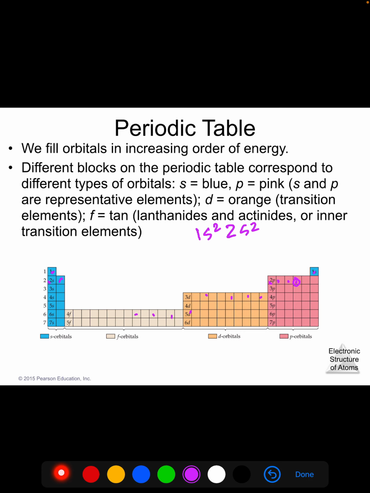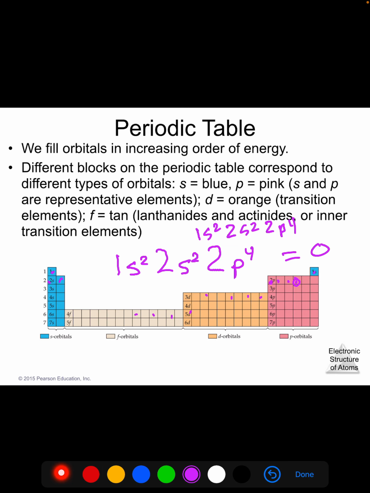I didn't count the first one there. So 2p4. And these are superscripts. So let me be a little clearer: 1s2, 2s2, 2p4. 2 and 2 is 4, and 4 is 8. Oxygen is element number 8.